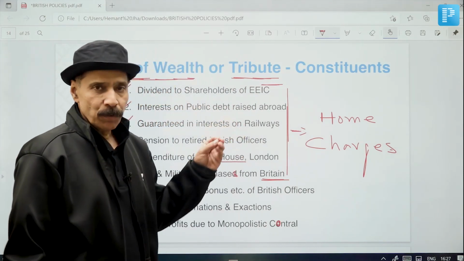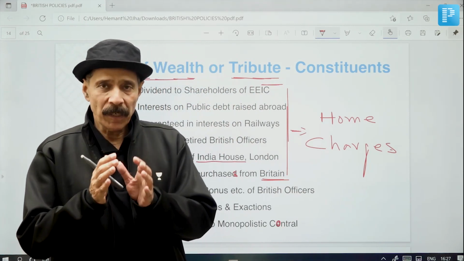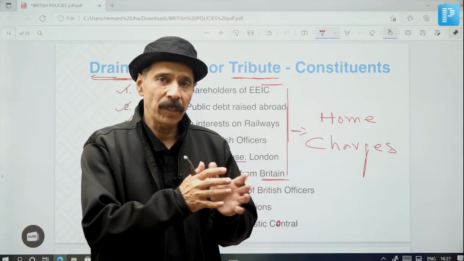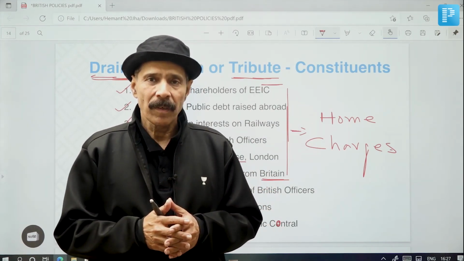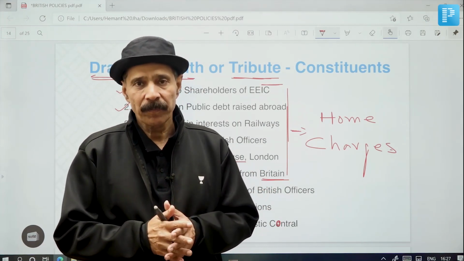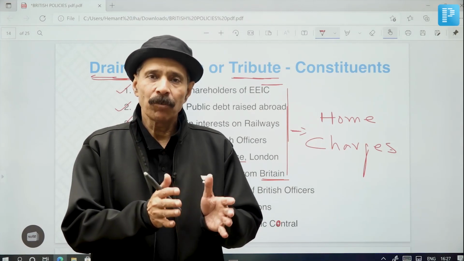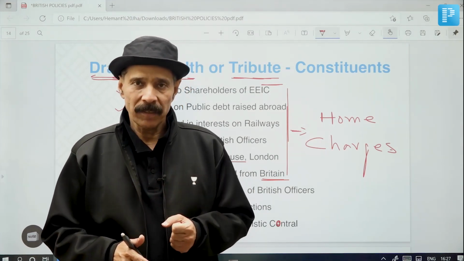So this term is also important for your question. Home charges refer to the expenditure that was incurred in Britain or that took place in Britain from Indian revenue. And this expenditure was associated with British government in India. So this was known as home charges.